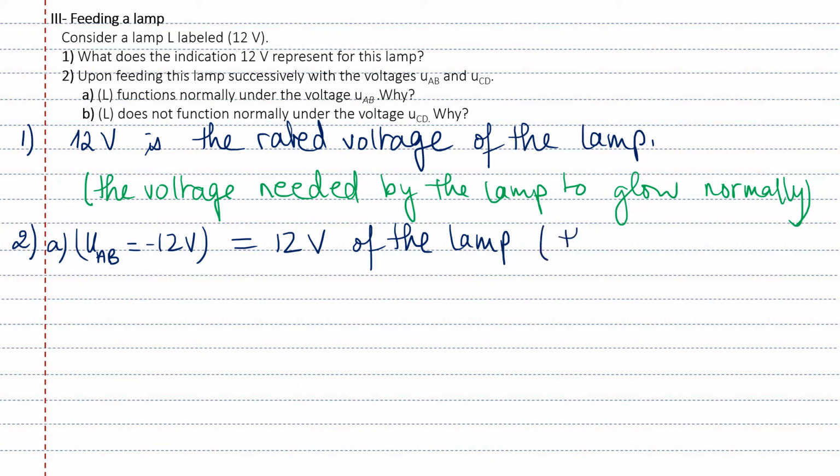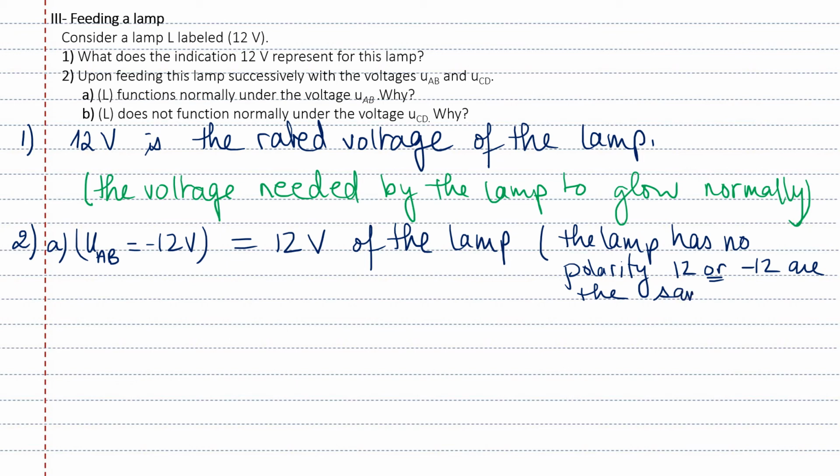Simply because the lamp has no polarity. So whether you give it 12 or minus 12 are the same for it. Okay? So if you just say the lamp functions normally because it's receiving 12 volts, you get a full grade.